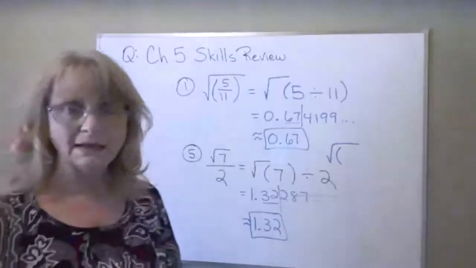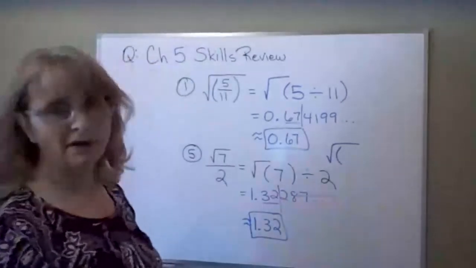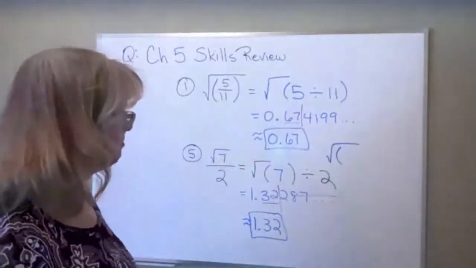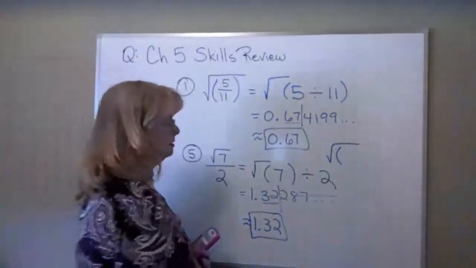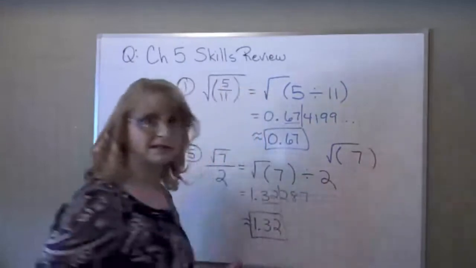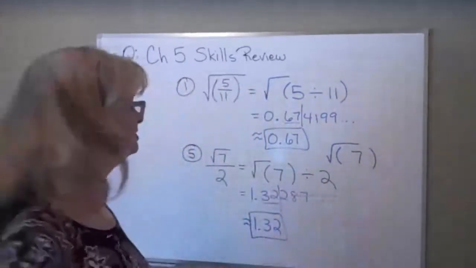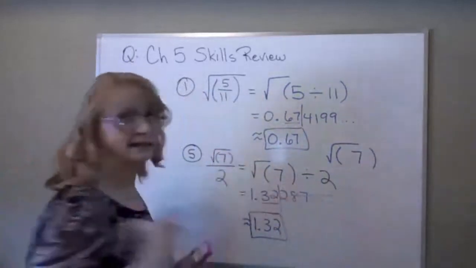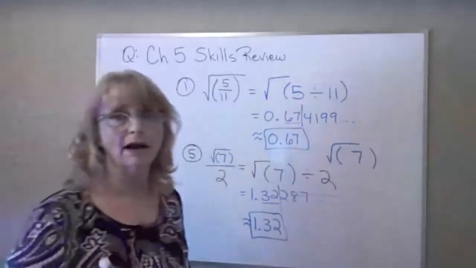No, I have an empty blinking blank box, but I can start the parenthesis there. Okay, then you must not have the exact same calculator that I have. Yeah, put the parenthesis there if it didn't open it for you. And then do the 7 and close the parentheses. It's extremely important that there are parentheses around the thing that's under the radical. Otherwise, you will not get the right answer.